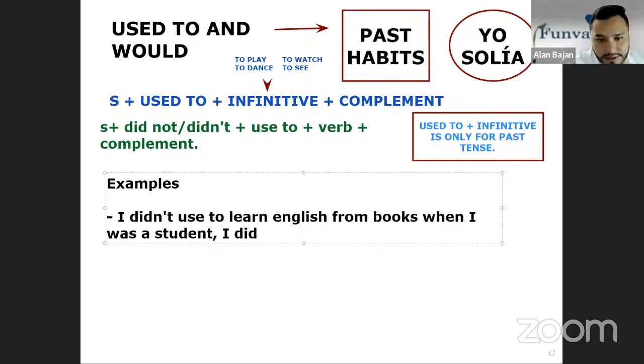I did it. I used to do it with CDs. I didn't use to learn English from books when I was a student. I used to do it with CDs.